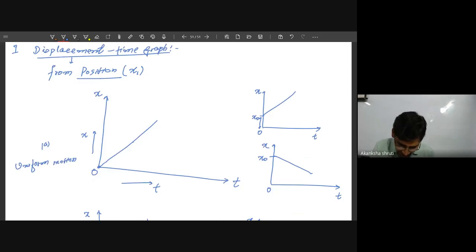If I consider this one that we have learned, we want to calculate the speed from 0 to t1, then we have to take this as x1, then this change, this delta x, is equal to x1, this is our delta t, this is here our t1.